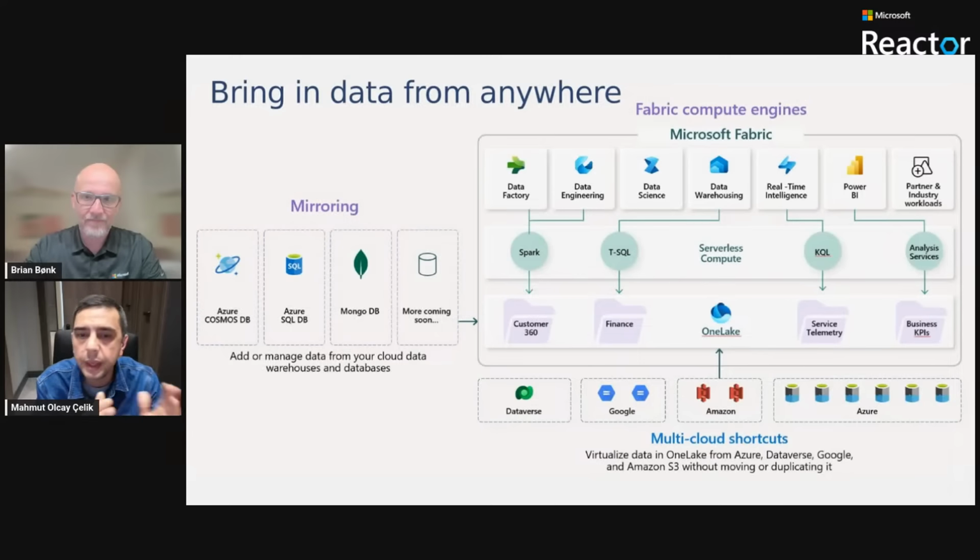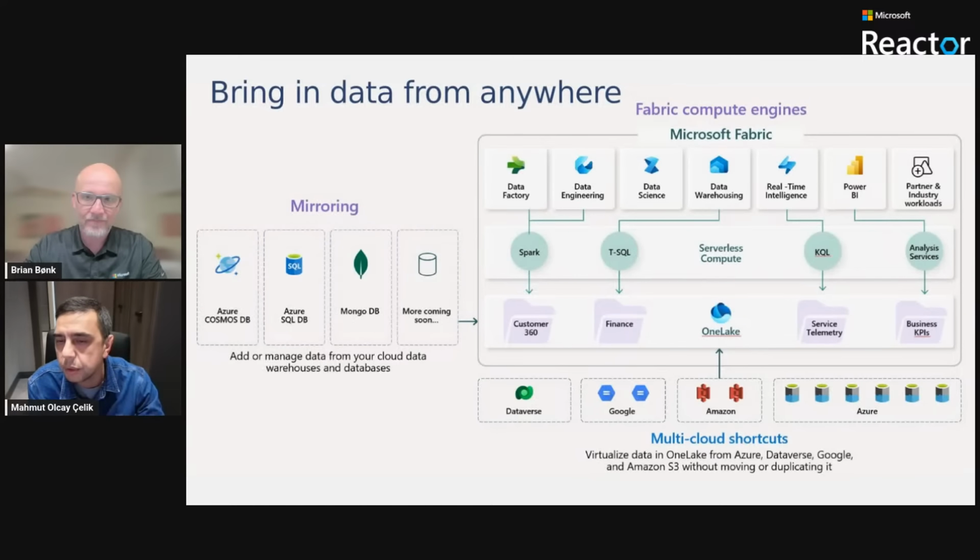Shortcuts enable your data teams to visualize the data in OneLake without having to do any ETL or move or duplicate it. You can use shortcuts from warehouses and lakehouses, which spread across your different clouds, accounts, lines of business, and domains. Also from sources like Azure Data Lake Storage, Amazon S3, and Microsoft Dataverse, which are generally available, and you don't have to move your data from external sources.